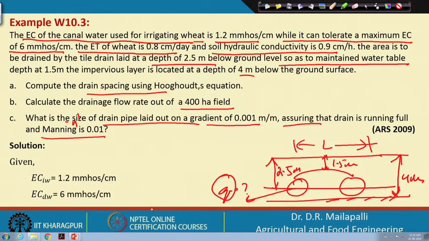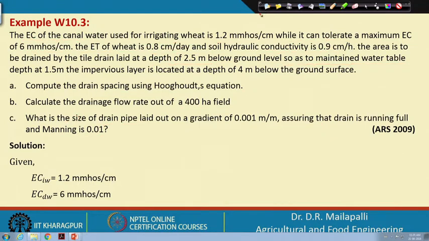Then from there you will be finding out what is Q. That is the first question, and next, knowing the Q value, you can find out L. Then the drainage flow rate for the 400 hectare field can be estimated, and then knowing the Q and Manning's equation, you can find out the diameter of the pipe or the tile pipe.